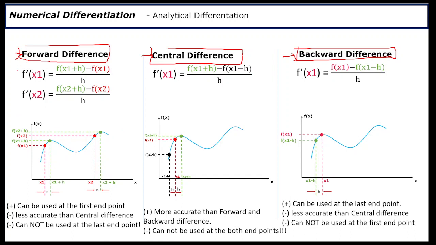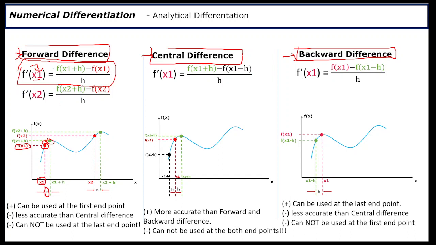This is the formula to compute the derivative of a function at the x value equal to x1. If we want to find the first derivative at this red point where x equals x1, we need to move one step forward, with step size h, to have the green point.